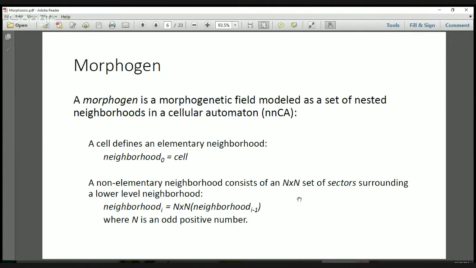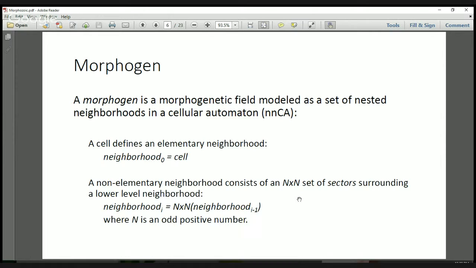So a morphogen, we're co-opting a couple of names from biology, and in Morphozoic, a morphogen is going to be a morphogenetic field modeled as a set of nested neighborhoods in a cellular automaton. A cell itself we will call a zero neighborhood entity. A non-elementary neighborhood consists of neighborhoods of cells that are built around smaller neighborhoods.